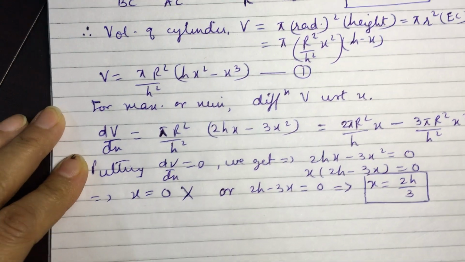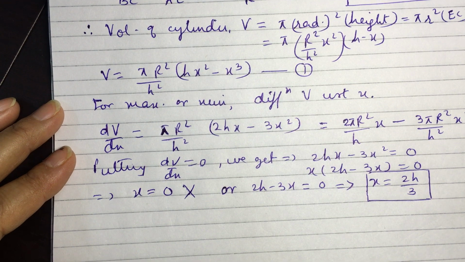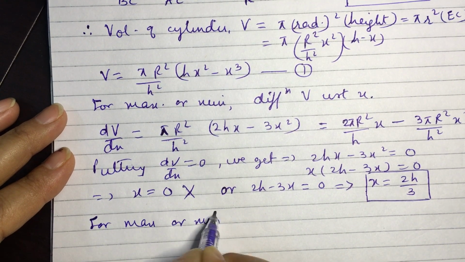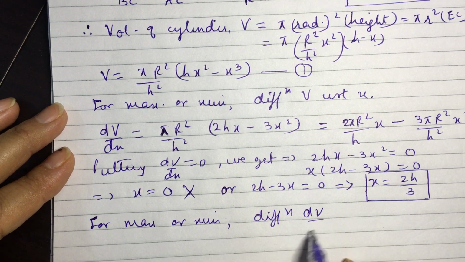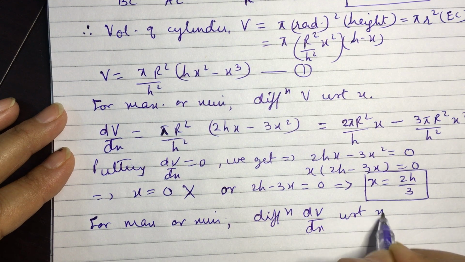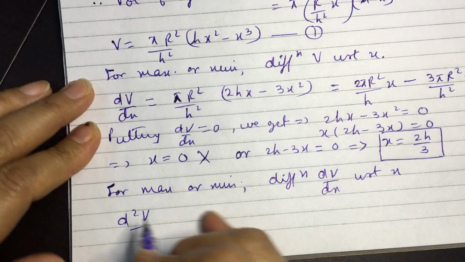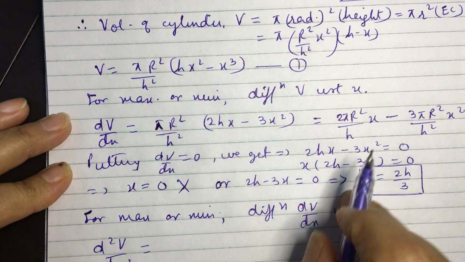Now corresponding to this we want to check for maxima or minima, so we want to find the second derivative. So for maxima or minima, differentiate dV by dx with respect to x. So what we get is d2V over dx2 is equal to, now dV by dx is equal to this.